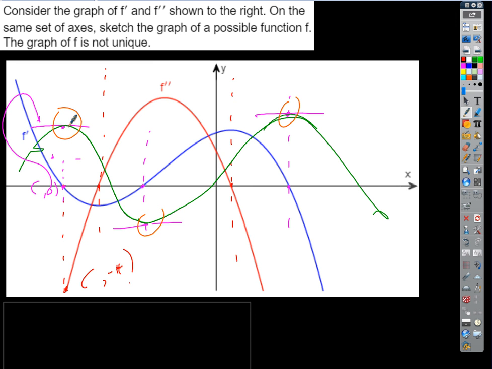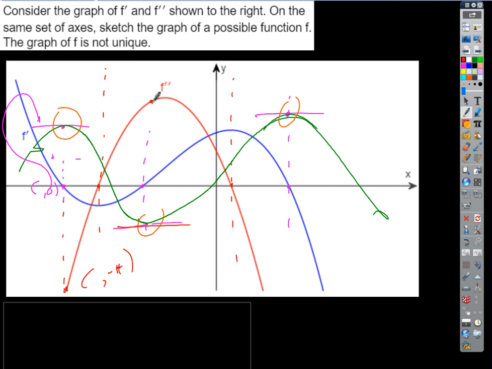Let's apply the same thing here. At this point right here, we know we have a 0 first derivative, which means we have to have a horizontal tangent line, right? At that point, though, notice that the value of the second derivative is positive. So we've got a horizontal tangent coupled with a positive concavity. Doesn't that mean it has to sit on the tangent line, right?